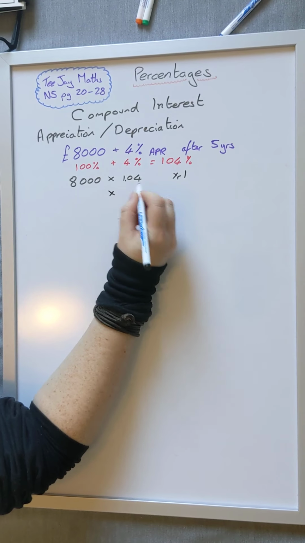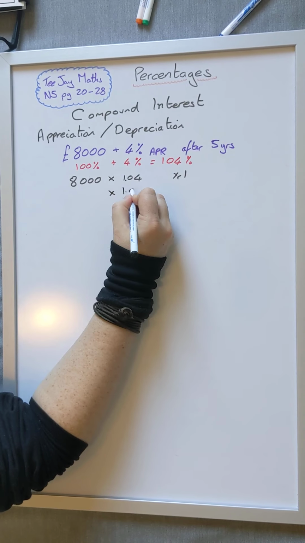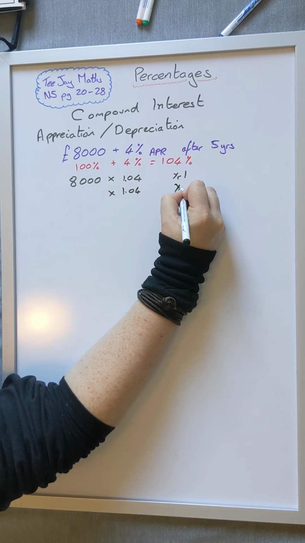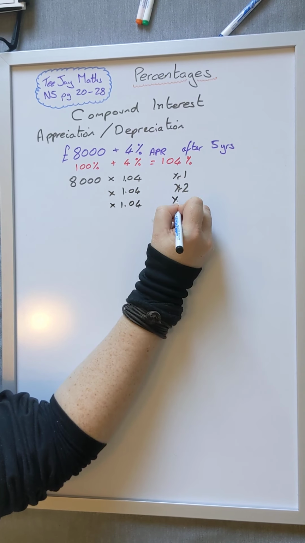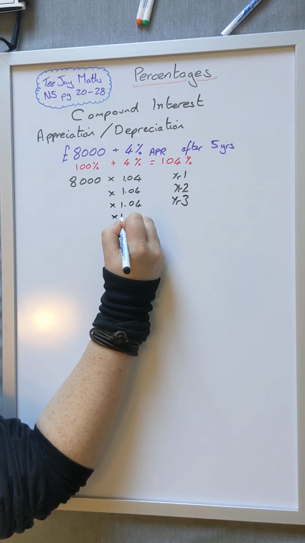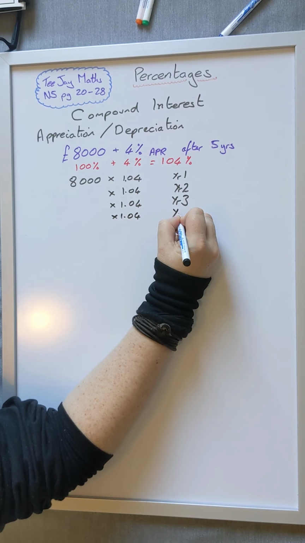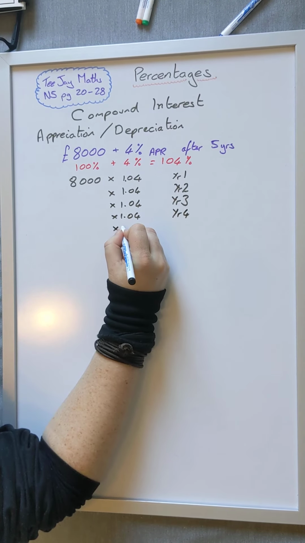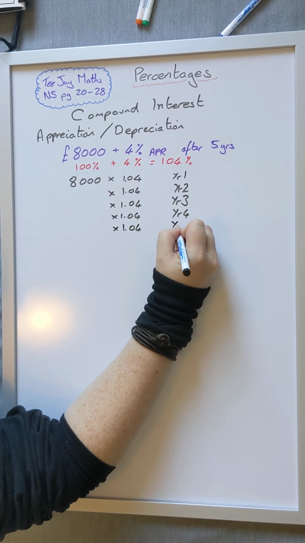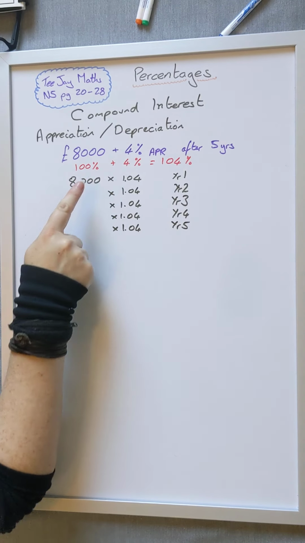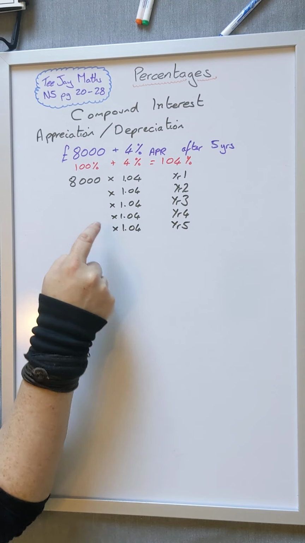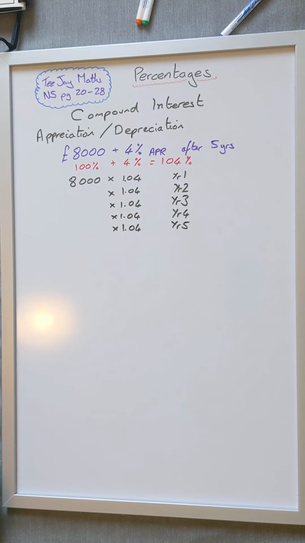And we do the same again to the answer to that for year 2. And again for year 3. And again for year 4. And finally for year 5. In the exam, if you choose to do it by this method and write an answer for each level, you will not be marked down, but they are looking for a faster answer.